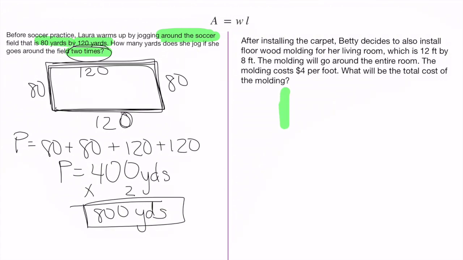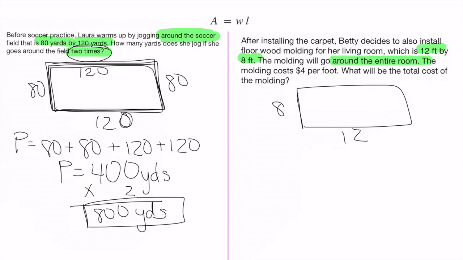All right, so we have a living room that is 8 feet by 12 feet. So that's important. So 12 feet by 8 feet. It will go around the room, and it is $4 per foot. So if it goes around the room, we are looking at another perimeter problem.